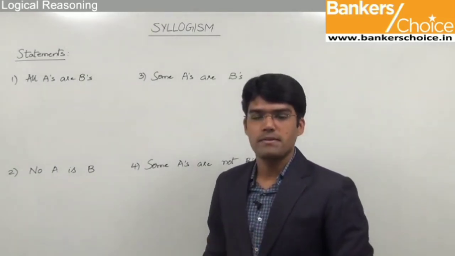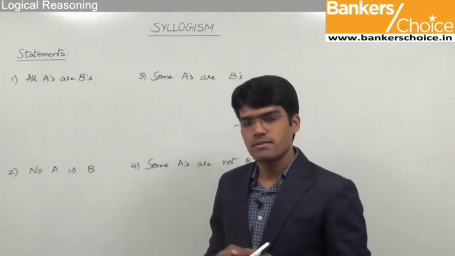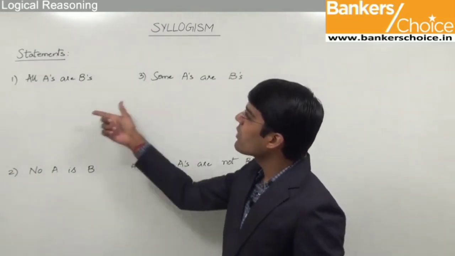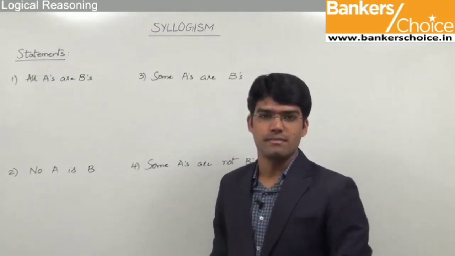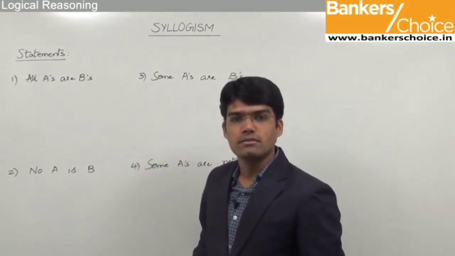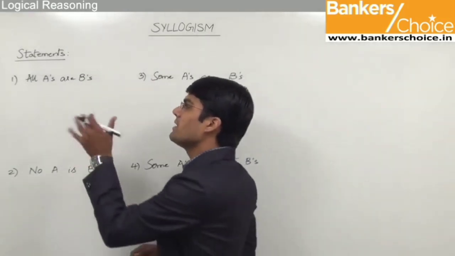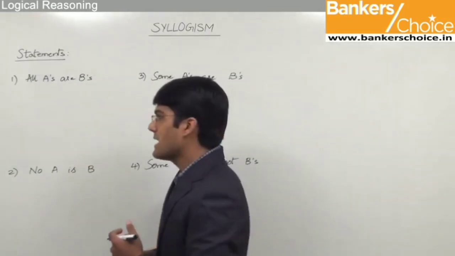As I have already mentioned, the best way to solve syllogisms is to use Venn diagrams. So let us now understand how to draw Venn diagrams for these given statements. The first statement is all A's are B's, or every A is B. Now this can be drawn in terms of a Venn diagram as follows.